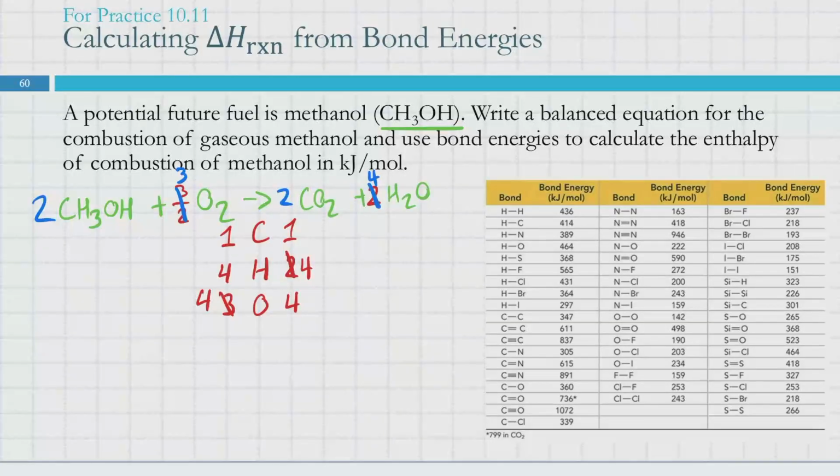Just to very quickly go through the balancing. And I'm going to delete some of that so we have room. Now we need to know what bonds we have, which means we need Lewis structures. So we get to do Lewis structures for all 4 of the molecules.